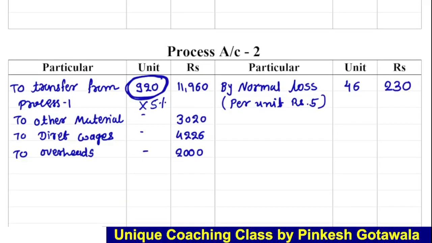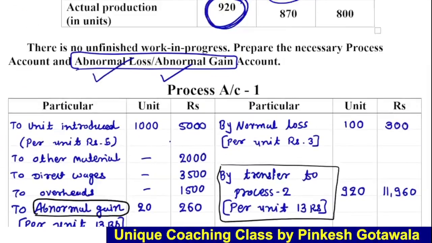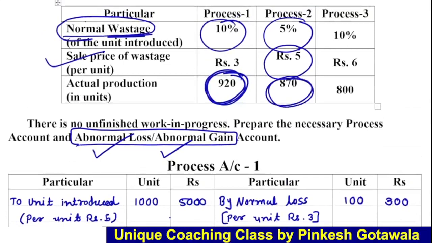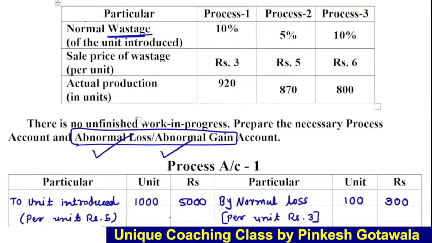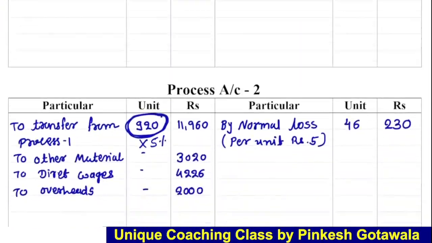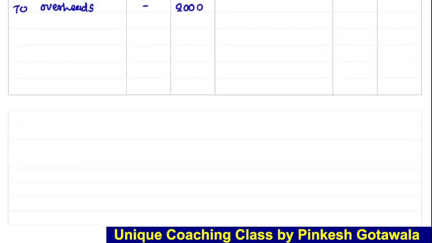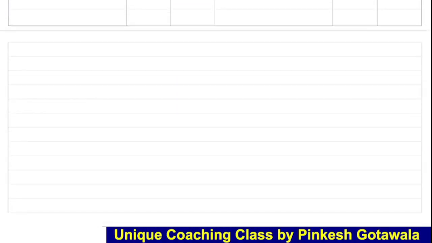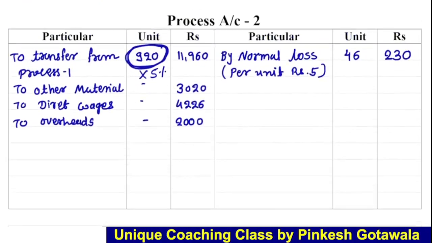Now the same calculation here also. Actual production is given in process 2, 870. So we have to check whether there is an abnormal loss or abnormal gain. Let's do the same calculation as we did in process 1. First of all, how many units are introduced in process 2?